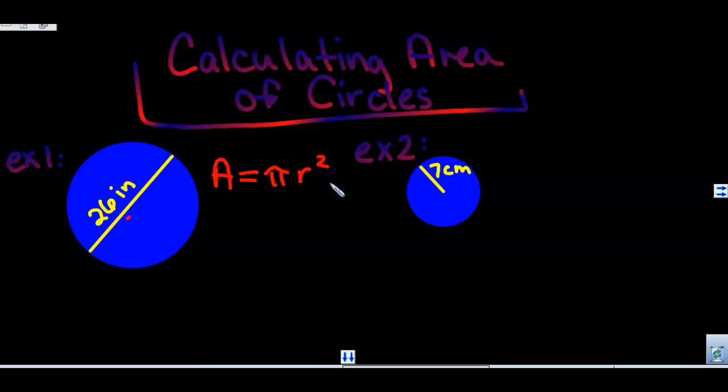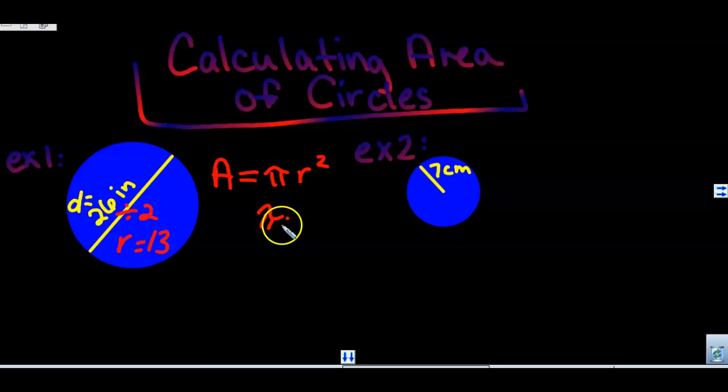We do not know r, but we can easily find it. The problem gave us the diameter. So in order to find the radius, we just take the diameter and divide it by 2 to get a radius of 13. Now we can substitute the 13 into our formula.